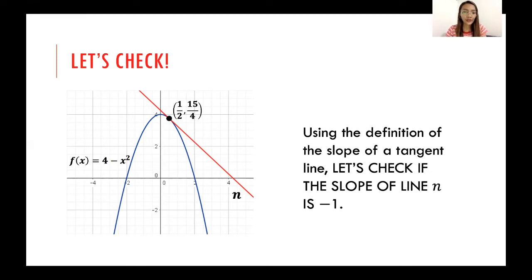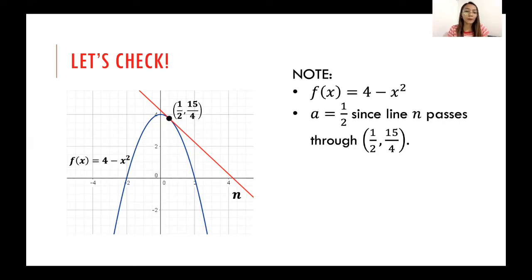Okay, using the definition of the slope of a tangent line, let's check if the slope of line n is -1. Please take note that our function f of x is equal to 4 minus x squared. Our a is 1/2 here. This x value is the value of a, and the value of f of a is y, or 15/4. This is a, this is f of a.